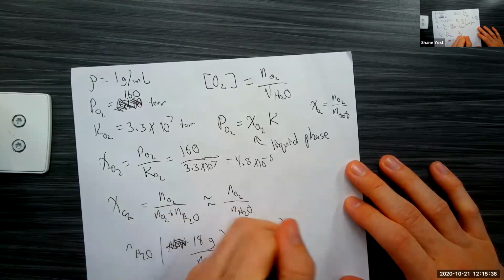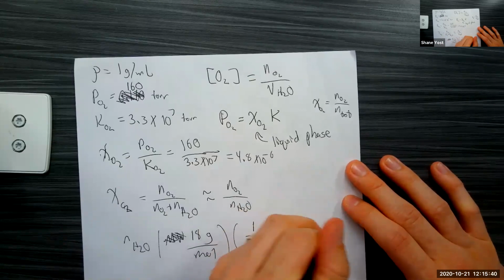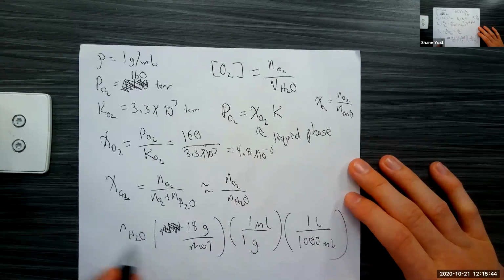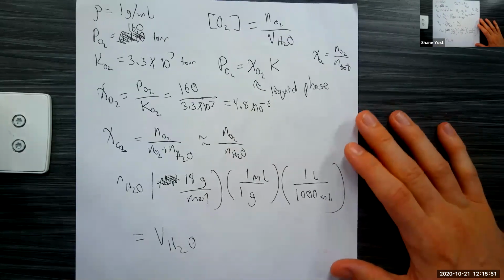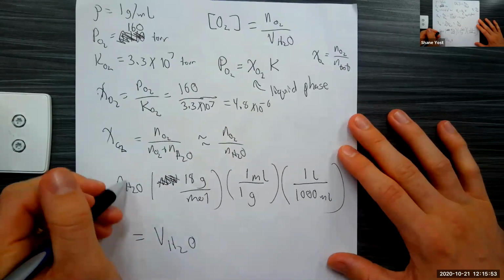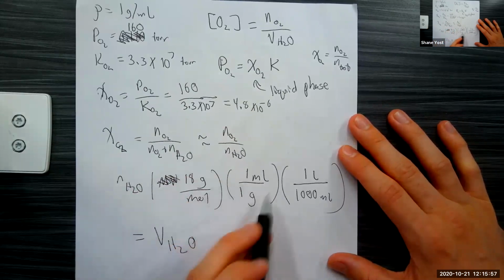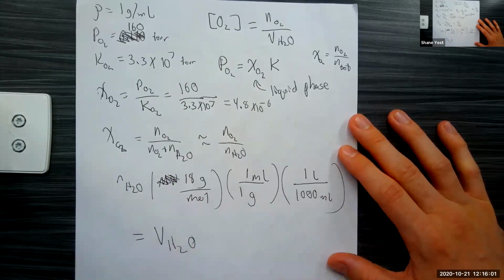And then I convert, 1,000 milliliters in 1 liter. So if I take the number of moles and multiply by these conversion factors, this will give me the volume of H2O. So the number of moles of H2O times its molecular weight to convert it to grams, divided by its density, convert it to milliliters, then convert that to liters, will give me the volume of H2O in liters.